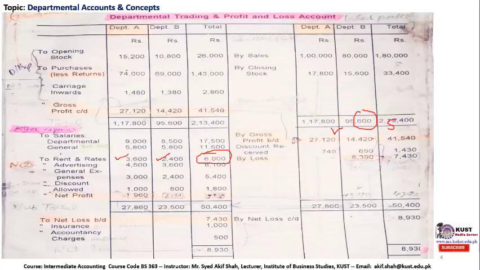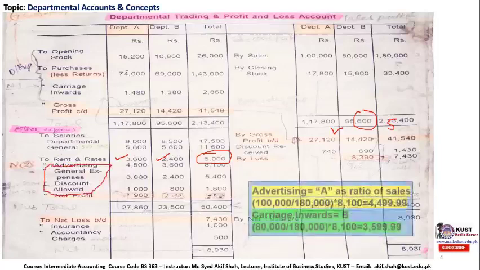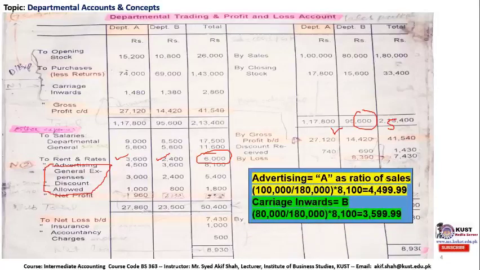Next, the question states that for journal, advertising and discount allowed, we have to use the sales ratio data. For advertising, to calculate the sales ratio we look at the right hand side. The sales volume for Department A is 1 lakh.